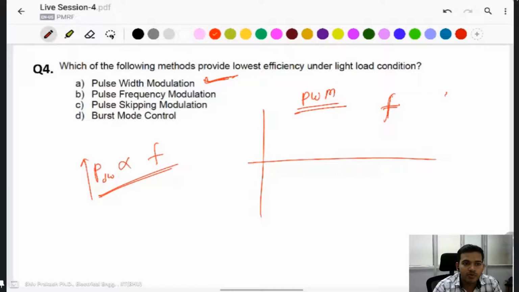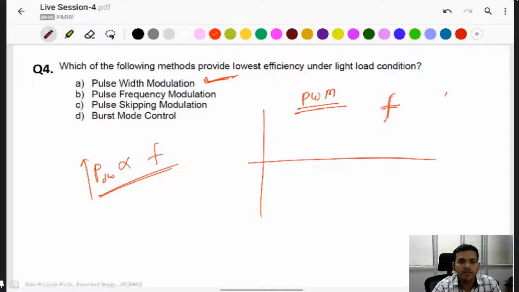But if you use pulse frequency modulation and other mode control modulation, the frequency also varies depending on the load condition. If the load is reduced, the frequency is also reduced, and if the load is increased, the frequency also increases. That's why the other controllers are best for the light load condition.